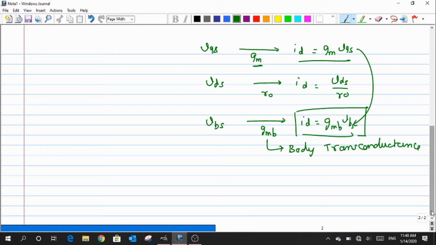Now in order to talk about this body transconductance, I will first explain it physically, and then later we'll talk about this small signal parameter. Let me take a device level quantity, and once we derive the theory of it, we'll use that theory to build the ID versus VBS graph, and from there we'll try to extract the small signal ID with respect to VBS.